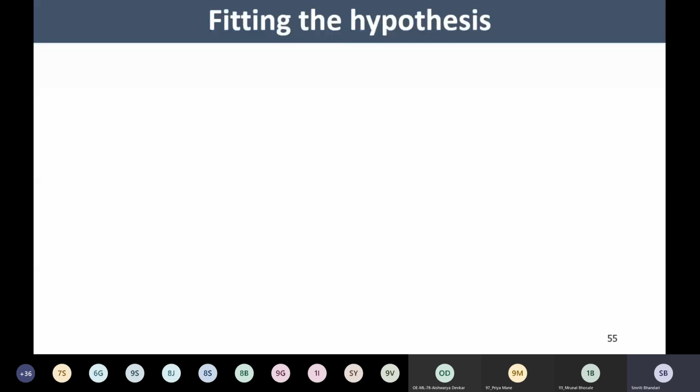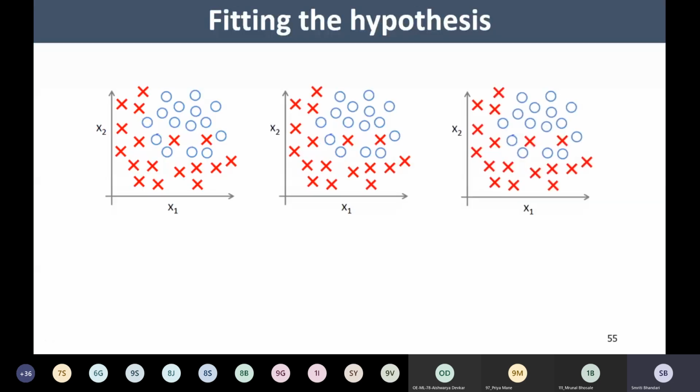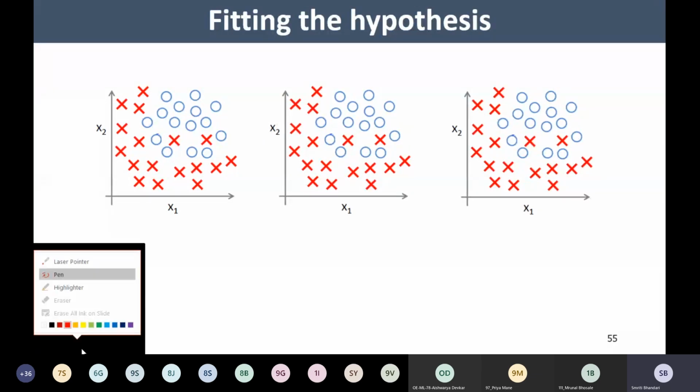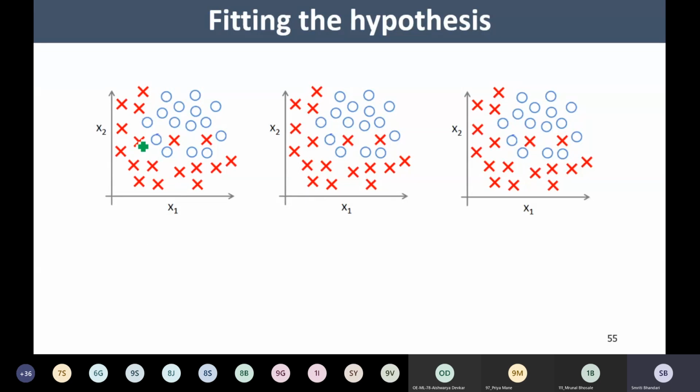So let us assume that we have this data. All these three figures have a similar kind of data if you look at these samples, right? Now, if I have this kind of training data available with me, let me once again remind you that here x1 and x2 are the two features describing the observations in my training data set, right?